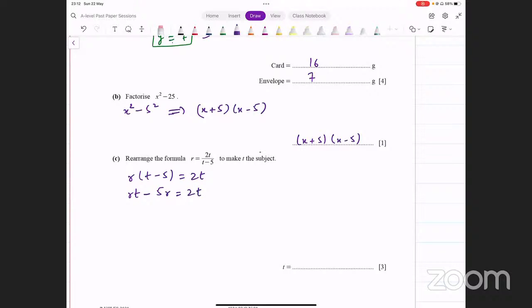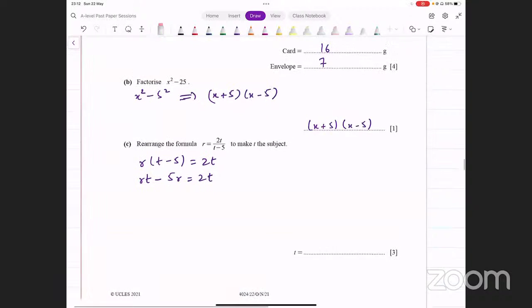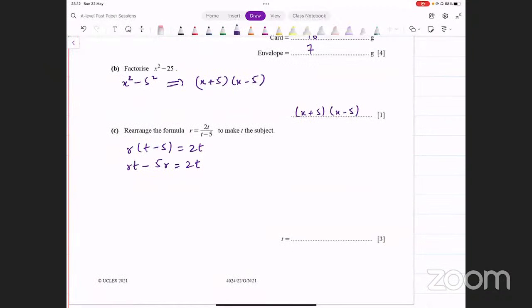Now since you want to make t the subject, आपने t वाली terms एक side पे कर लेनी है, and you'll take everything else on the other side. ठीक है, so we've got rt here minus 2t. We've got t terms on one side, on the other side we've got 5 times r. Let's take t common now on the left side, and that gives us t into r minus 2, that equals 5 times r, and then t equals 5r over r minus 2.